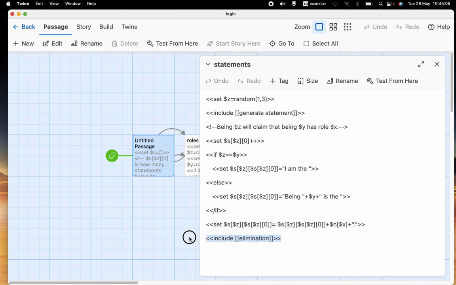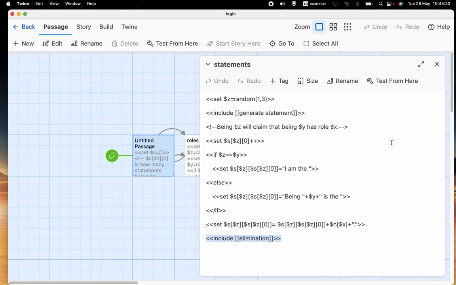Then we have to go to elimination. Elimination deals with the consequences of that statement. Now, what it means is what a person solving the puzzle can know based on the statement, because the computer knows the answer, of course, it knows who's who, but it also has to set the puzzle up so that it's possible to solve.